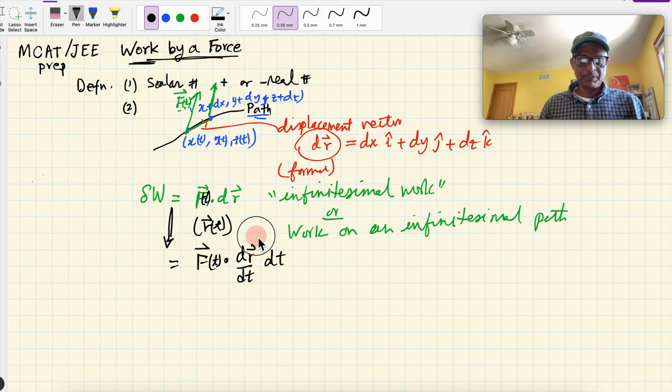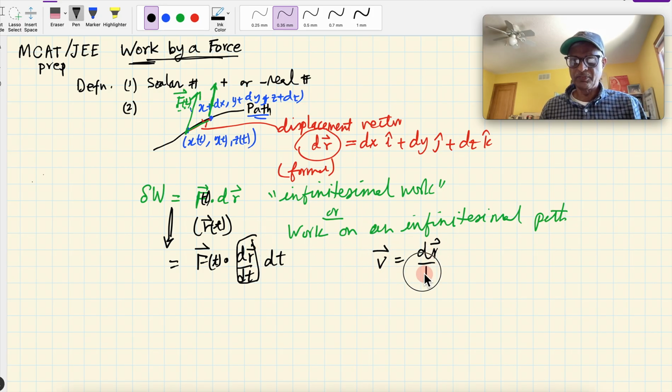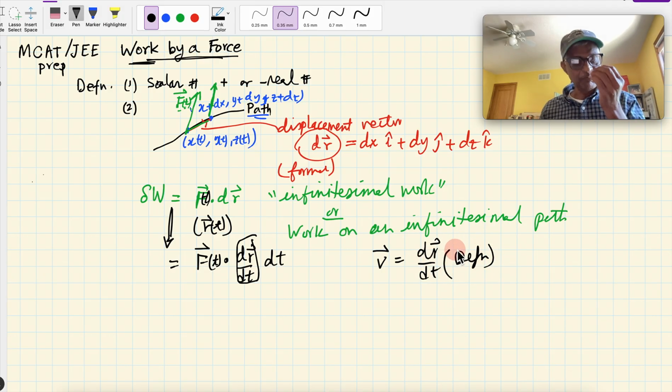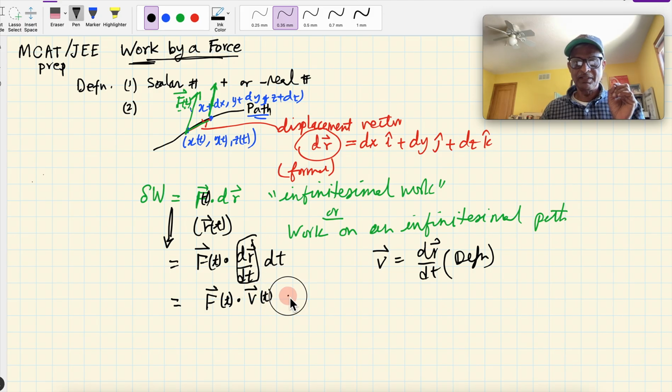But this stuff here is velocity. The velocity vector is dr/dt. That's the definition. This is what we mean by velocity. Velocity is the rate of change of the position vector, the little displacement over dt. So this is like F at t, velocity at t, dt.